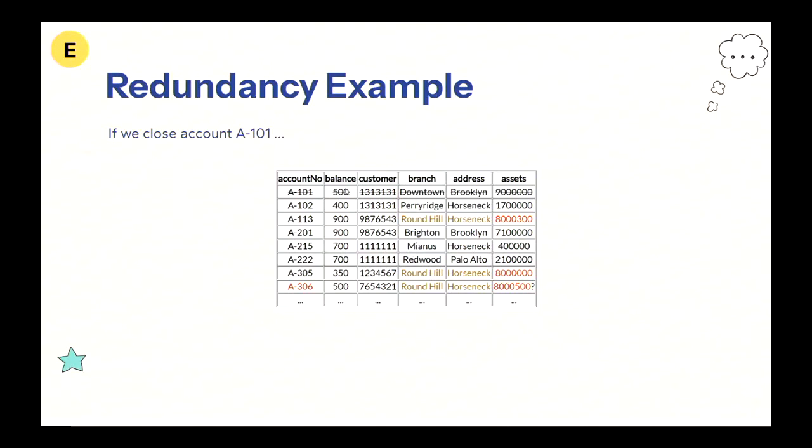So let's assume A101 is the last account for the downtown branch. And we remove this account, we are removing the information about the branch as well. So we could lose information here in this case. So deletion could also cause problems for redundancy.